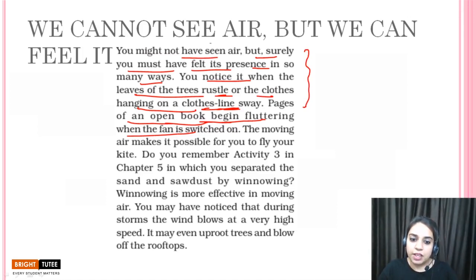Okay, so children, we have also learnt about a process known as winnowing in the chapter Separation of Substances, where we used the speed of wind to separate the lighter particles from the heavier ones. For example, we used winnowing for separating a mixture of grains from husk, and everyone knows that husk is very light compared to the grain.